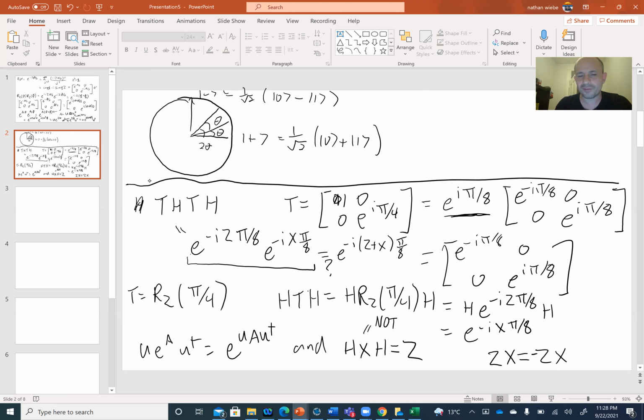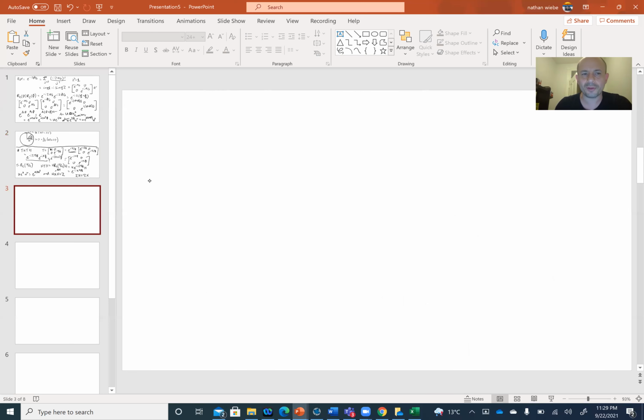Obviously, if we had two Z's together, like we saw previously, this would work just fine. But because one is a Z rotation and one is an X rotation, we can't simplify this directly. And that's going to be one of the key properties that we're going to take advantage of. So the idea is, because these angles don't add, our proof for universality is going to follow these steps.